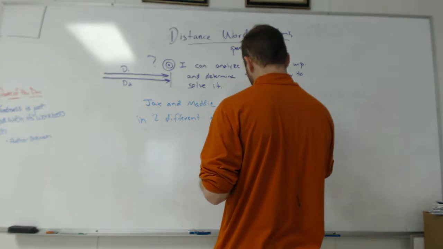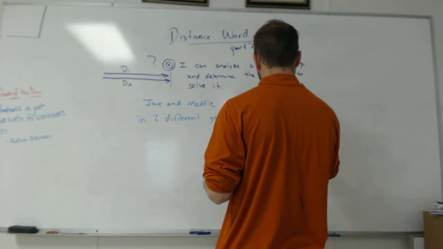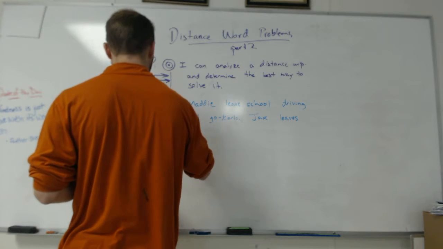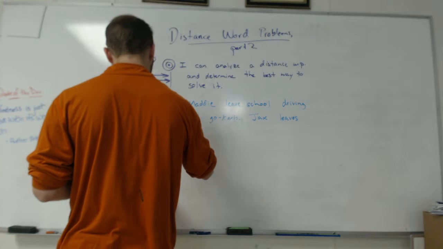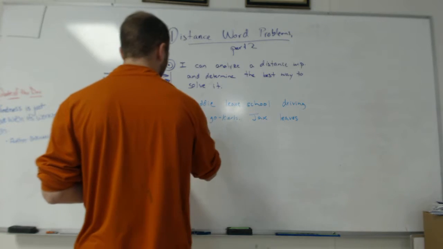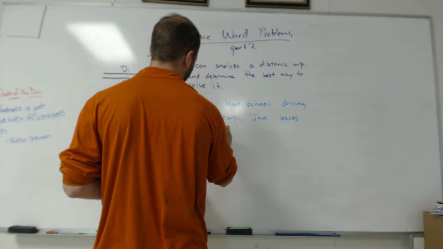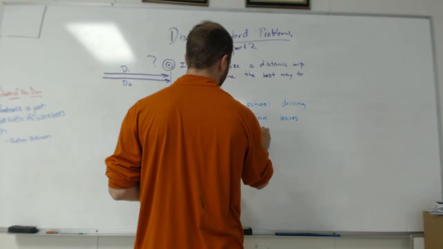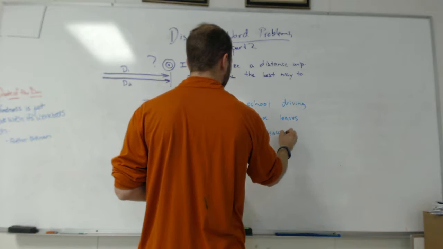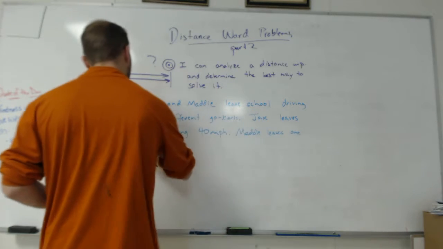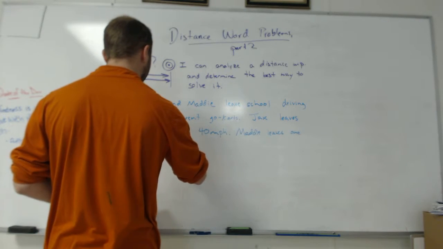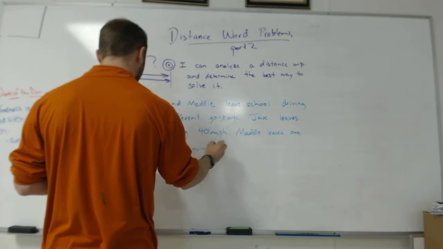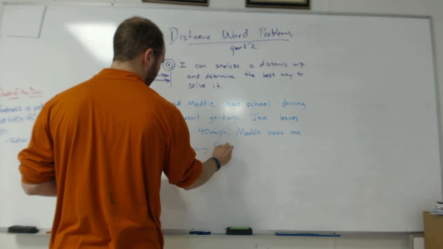Jax leaves first going 40 miles per hour. Maddie leaves 1 hour later, going 50 miles per hour.